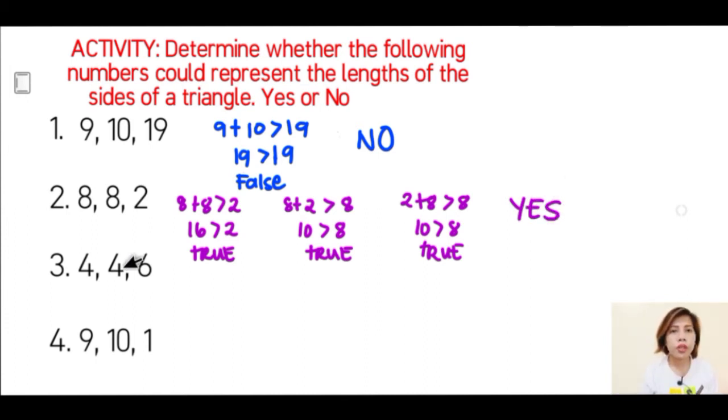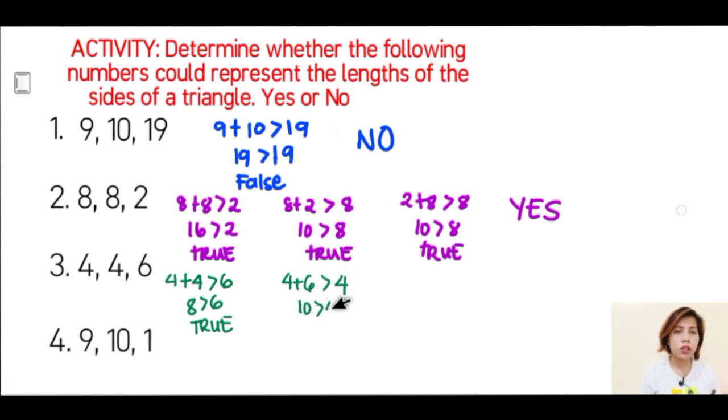Let's try naman 4, 4, and 6. So, 4 plus 4 is greater than 6. 8 is greater than 6. True. So, let's try 4 and 6. 4 plus 6 is greater than 4. 4 plus 6 is 10. 10 is greater than 4.